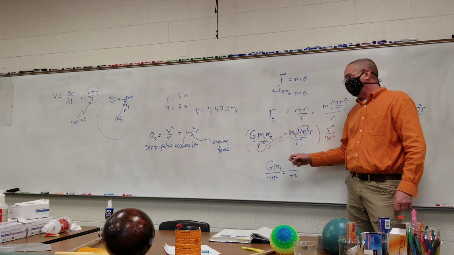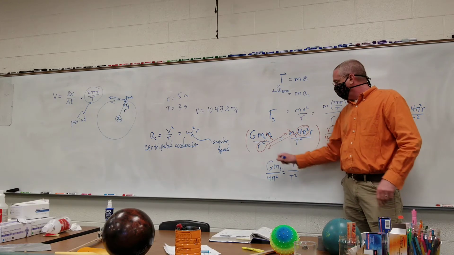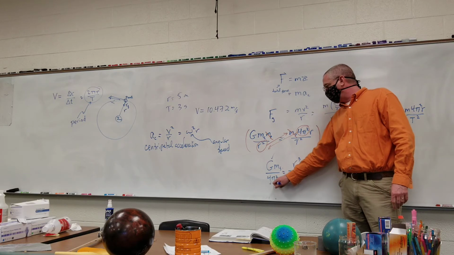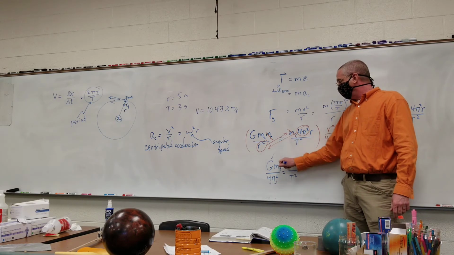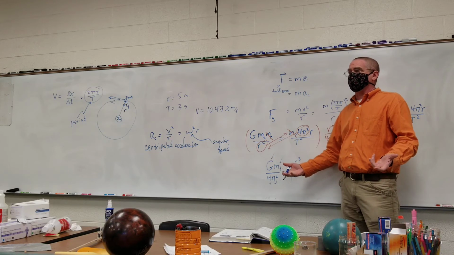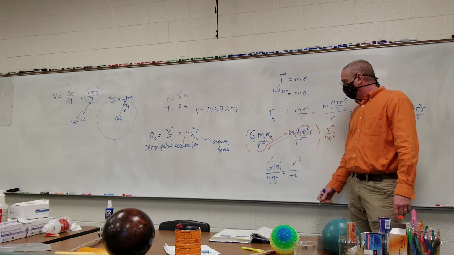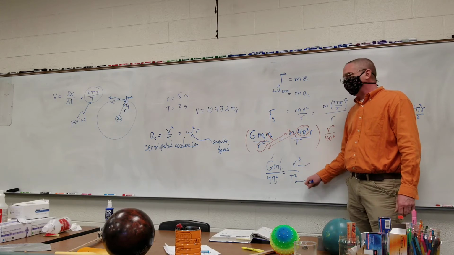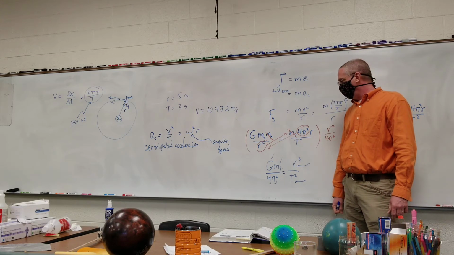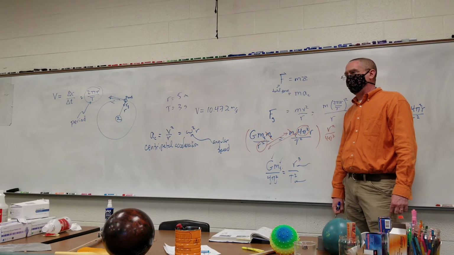However, we can now figure out what the mass of the sun is. G is a constant, 4 is a constant, pi is a constant, and the mass of the sun is relatively constant. So if I know the orbital radius of any planet, and I know how long it takes any planet to go around the sun, I can calculate what the mass of the sun is.